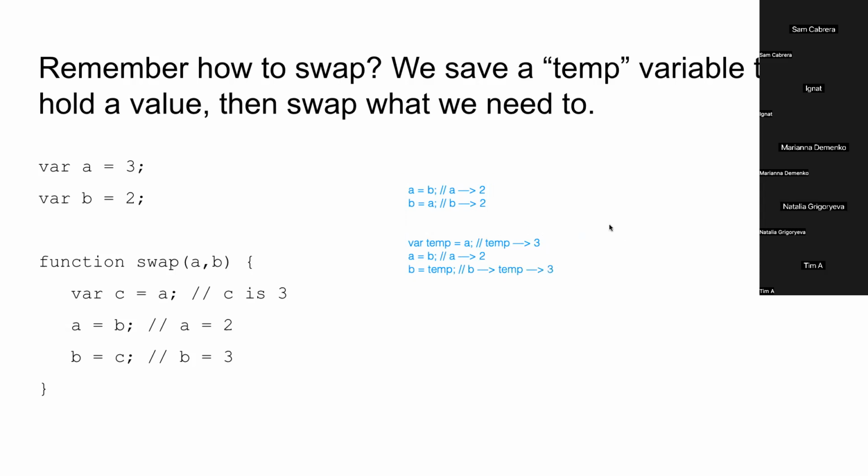Okay. So this is a swap function, right? When we're swapping things, we need to have some sort of temp buffer. A temporary buffer. So some sort of variable that is going to hold the original thing so we don't overwrite it. Okay? This is very important to remember, the swap function, because it comes up all the time. So anytime you're trying to swap things, if you don't use a temporary buffer for the original one, you're going to end up overwriting it.